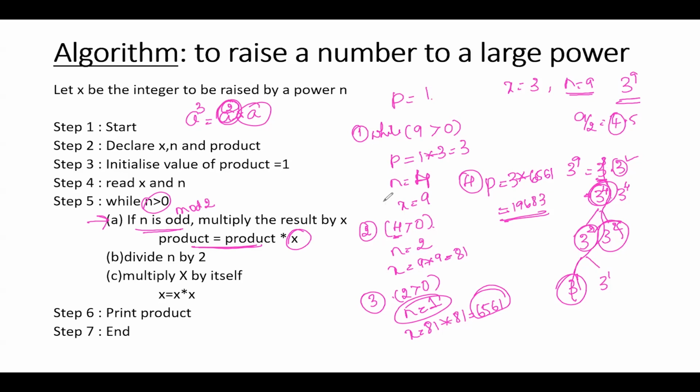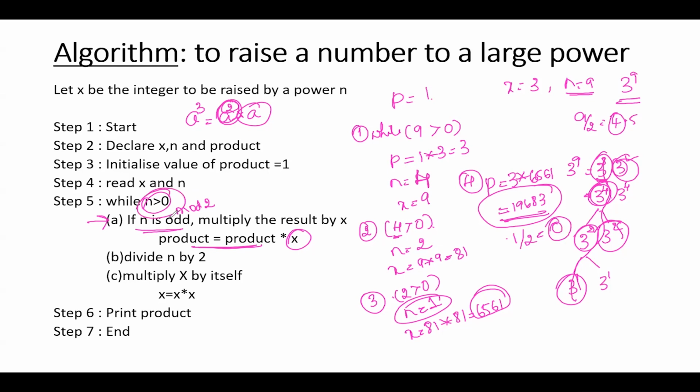All right. So this is the value what we are going to get. So with 3, I have now multiplied the value of 3 to the power 8, and hence I have got the value of 19683. Now, once again, what I'm going to do is n is equal to n by 2. So I'm trying to divide 1 by 2, which is, of course, I land up with 0. N value is now 0.